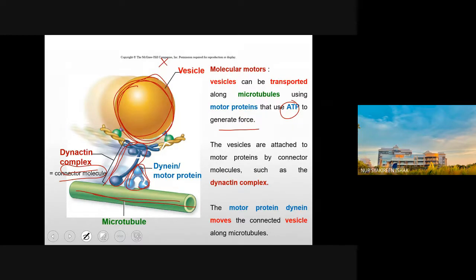Okay. So the vesicles are attached to motor protein by connector molecule such as dynactin complex. So the motor protein they need move the connected vesicles along the tubule. So the movement can be from, for example, tadi rough ER to Golgi, from Golgi to the plasma membrane, or back to the ER contohnya. Okay.